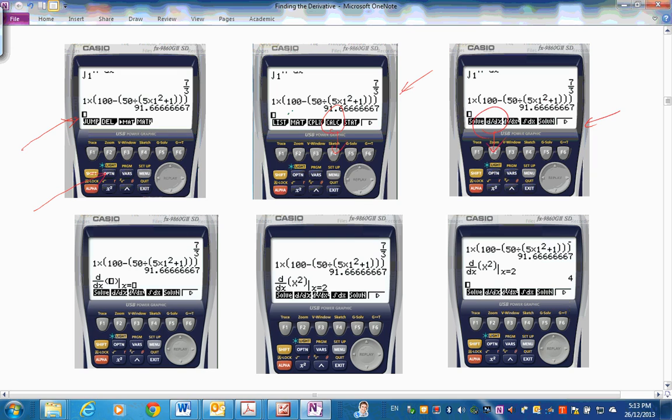So if we choose F2, we come up with this window, and it's asking us to put into this hole here the function whose derivative we want. Let's put in there x squared at x is equal to 2. And we get the answer over here of 4.